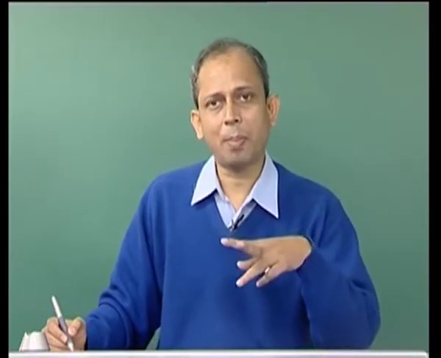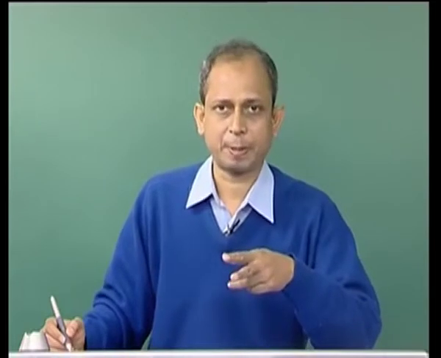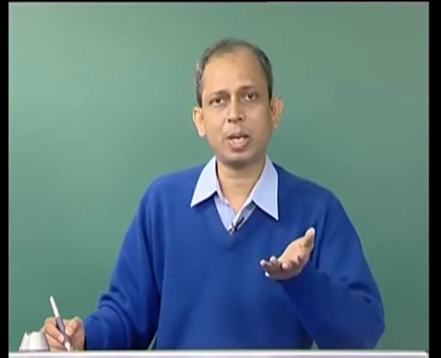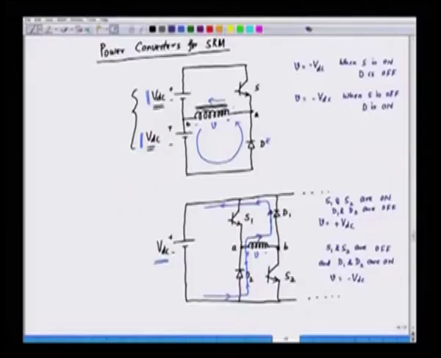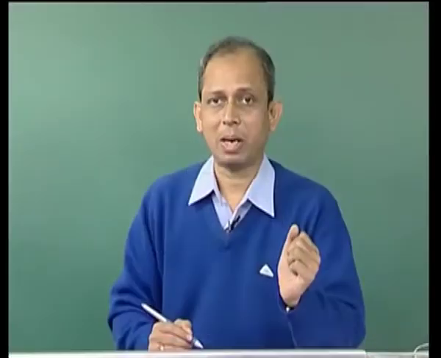So, we are able to apply plus VDC and minus VDC in this case, and when we are applying plus VDC and minus VDC, we can control the rate of rise of current, because if we ignore the inductance, we can write down a simple equation that V is equal to L di by dt. So, the rate of change of current is determined, for a constant inductance, primarily by the applied voltage.